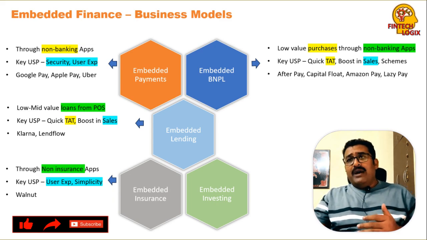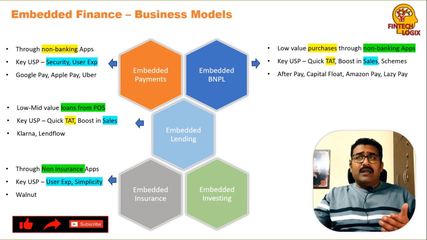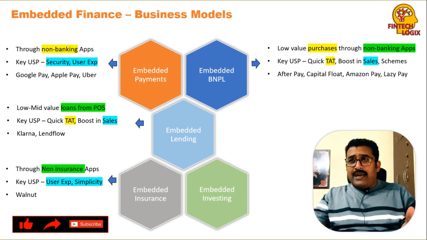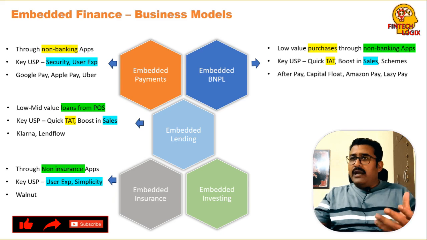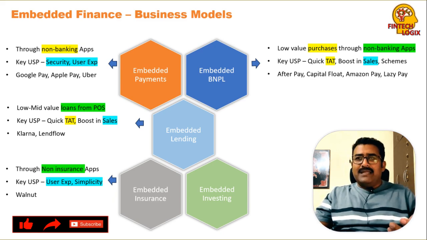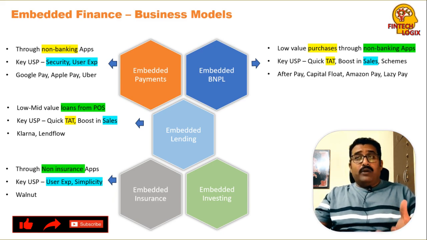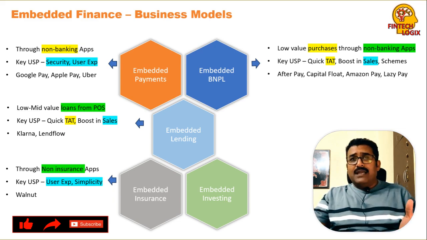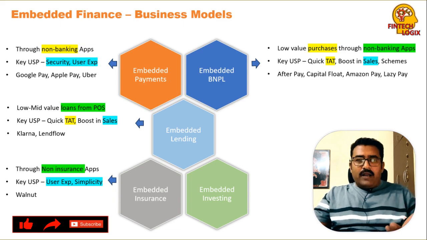Think of a scenario where you work on Walnut for your transactions to be shown in a correct way, like in your income and expense, and that can give you insurance quotes. For example, if you go to a motor servicing company and book an appointment, they can also initiate your motor vehicle insurance through their app, right? So all these are actually embedded insurance.